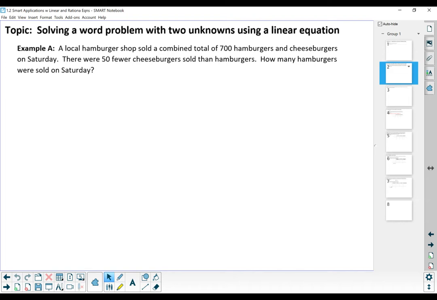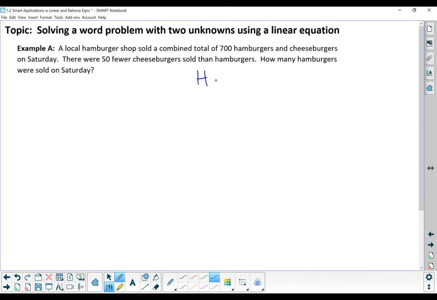A little bit of advice I would make for you is that you use variables that kind of go with the words that they're representing. So, for example, this problem is about hamburgers and cheeseburgers. So I wouldn't use X and Y. I would just use H for hamburger and C for cheeseburgers.